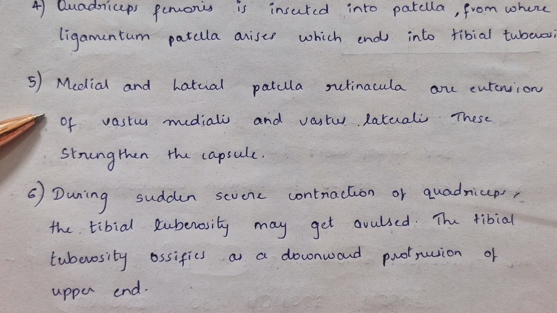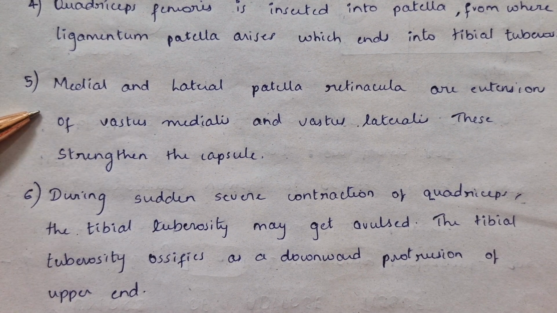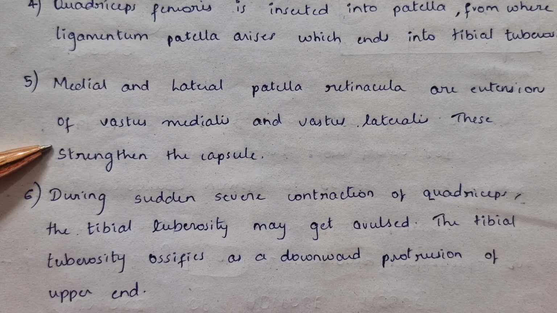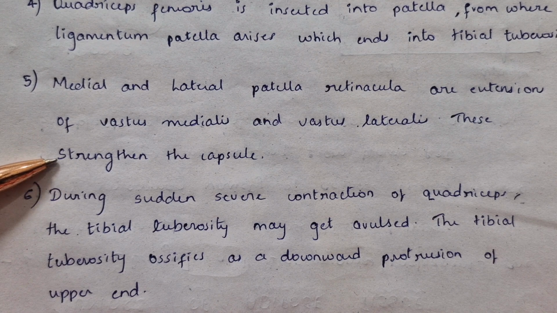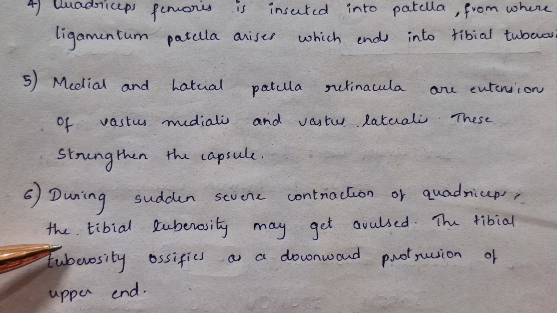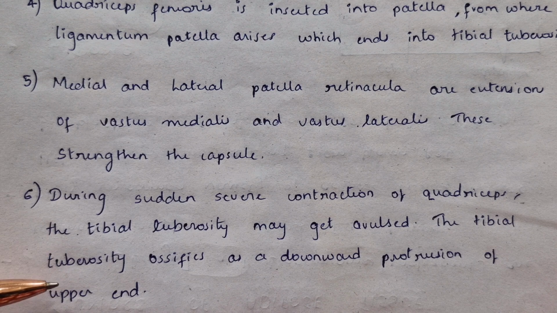The medial and lateral patellar retinacula are extensions of vastus medialis and vastus lateralis. These strengthen the capsule. During sudden severe contraction of quadriceps, the tibial tuberosity may get avulsed. The tibial tuberosity ossifies as a downward protrusion of the upper end.